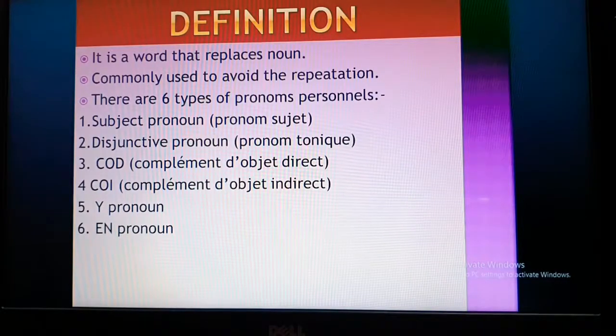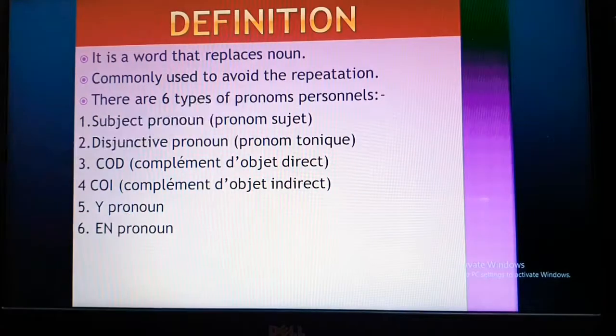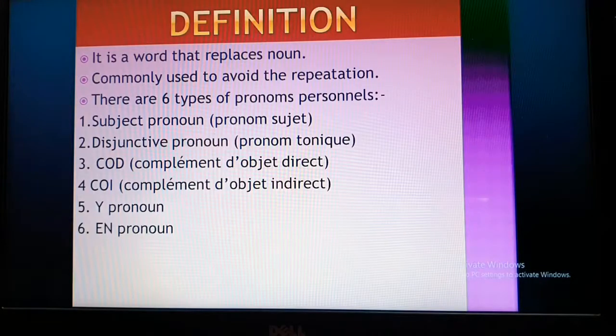There are 6 types of pronoun personal: subject pronoun, disjunctive pronoun known as pronoun tonic, COD complément d'objet direct, direct object, and COI complément d'objet indirect, indirect object, pronoun Y which replaces places, and pronoun en which replaces anything after the preposition de, and also the eatables and liquid items.